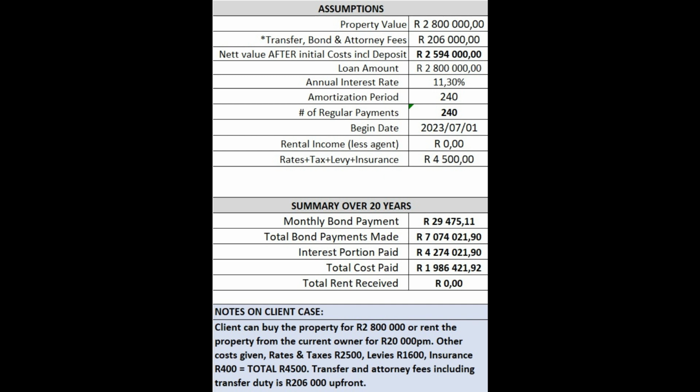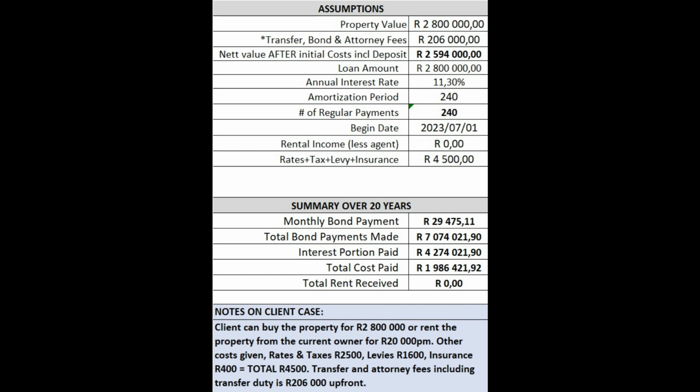The property value in this case is 2.8 million Rand. The transfer, bond and attorney's fees are 206,000 Rand. That's a rounded figure. The net value after initial cost, including deposit, is 2,594. The reason why the transfer, bond and attorney's fees are deducted is because this is an amount that you could have invested elsewhere that you now literally paid towards attorney fees and taxes, and it's not recoverable.